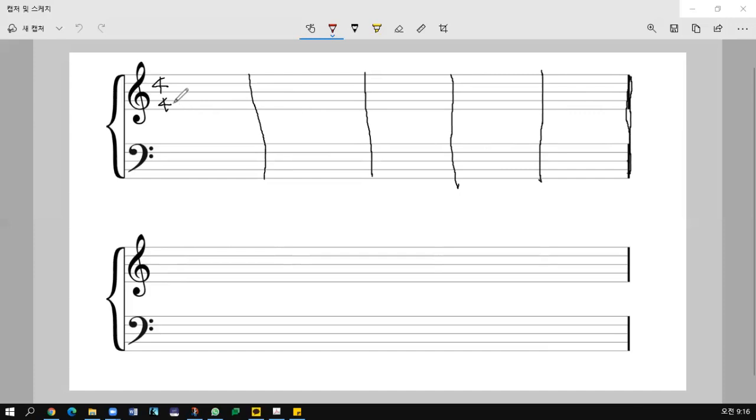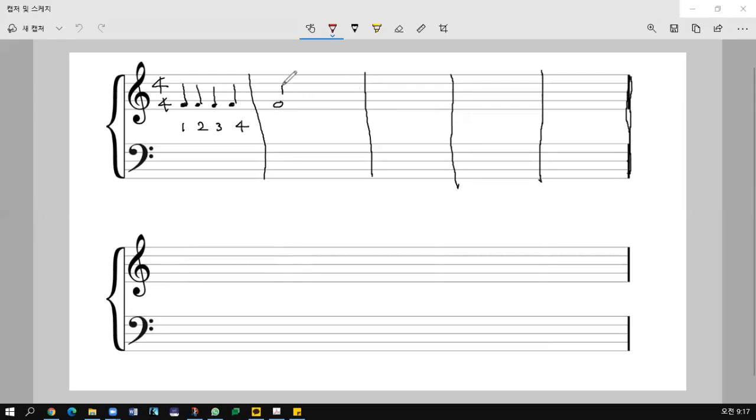So 4/4, 4 beats in each measure, and the quarter note receives 1 beat. So the quarter value is 1 beat, so it has to be 4 beats in each measure. 1, 2, 3, 4. Okay.